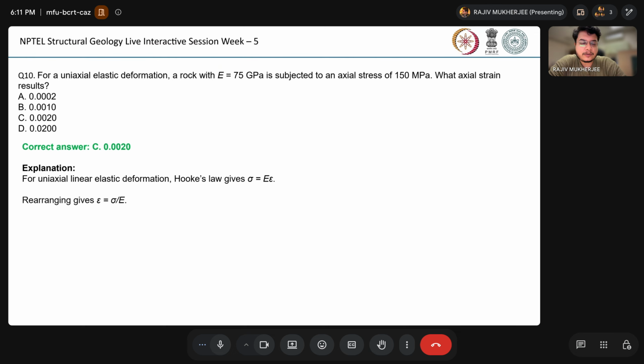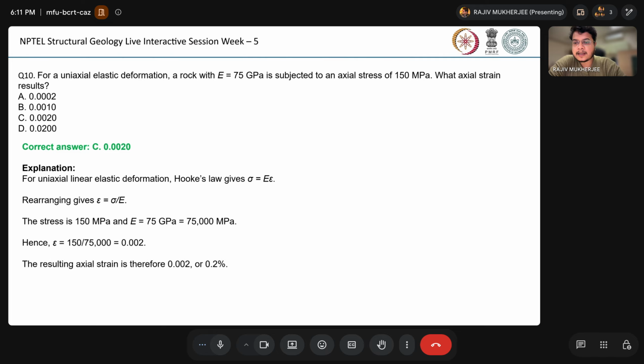We just do a simple rearrangement, sigma by E, and the given value of stress is 150 MPa, and the elastic modulus is 75 GPa, that means 75,000 MPa, and we plug all these values together to get the resulting axial strain, which is therefore 0.2%.